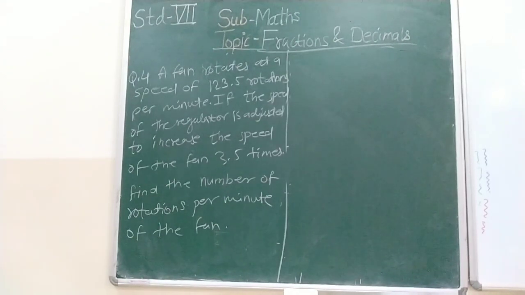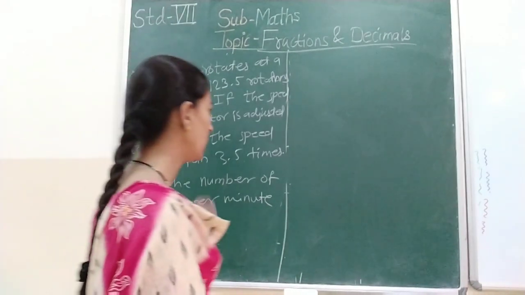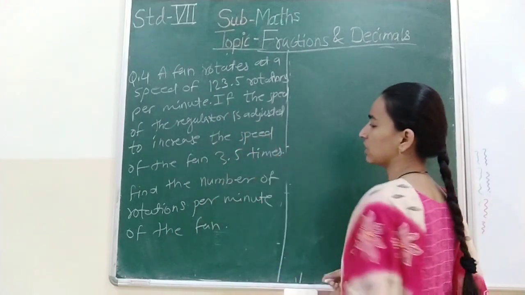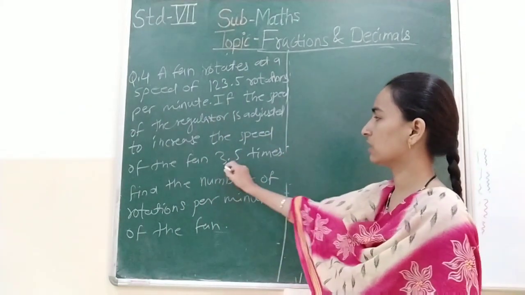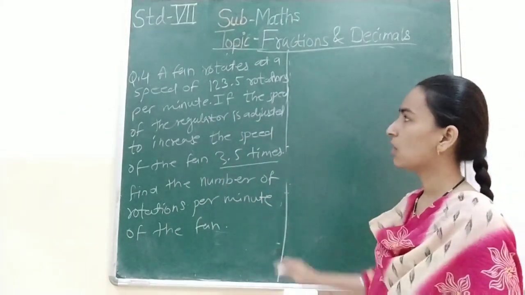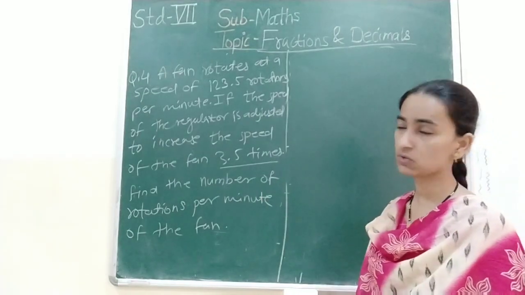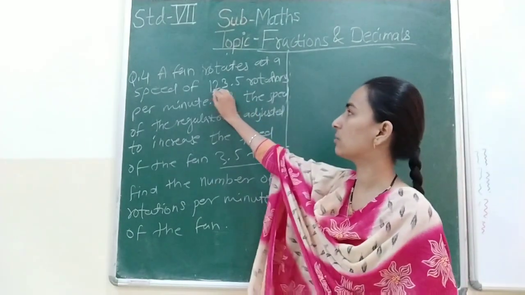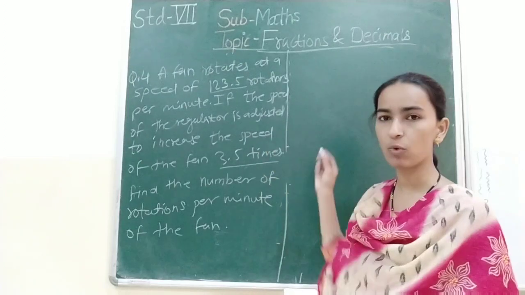If the speed of the regulator is adjusted to increase the speed of the fan 3.5 times, find the number of rotations. In 1 minute it rotates this much. If the speed is increased 3.5 times, what will be the rotations? Yes, students, we have to just multiply this number by 3.5.